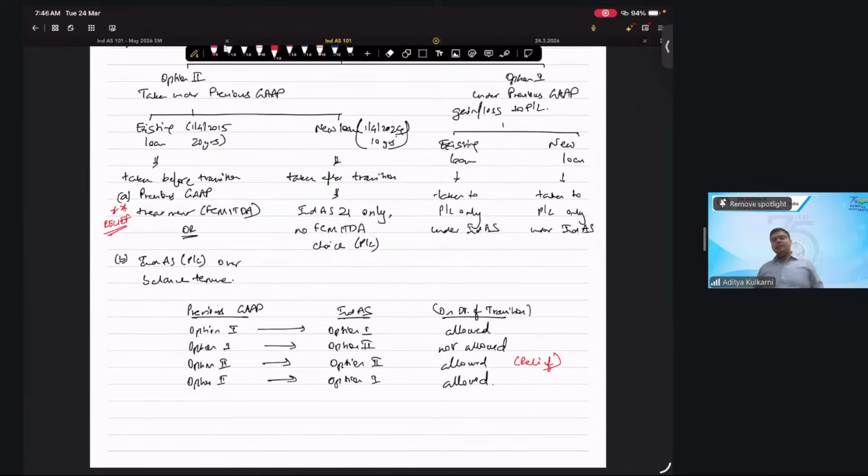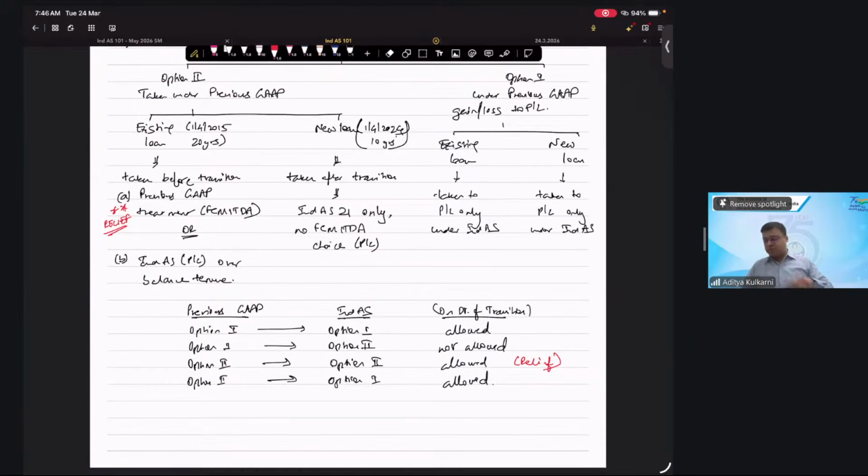If you are already booking something in FCMITDA or in the asset account, even after transition, you can follow that only in respect of that loan. Only in respect of that loan. It's not indefinite. It's not blanket. Is it okay? Yes, sir.